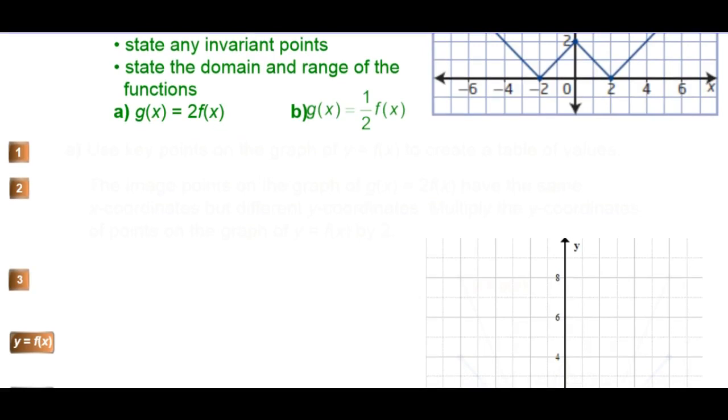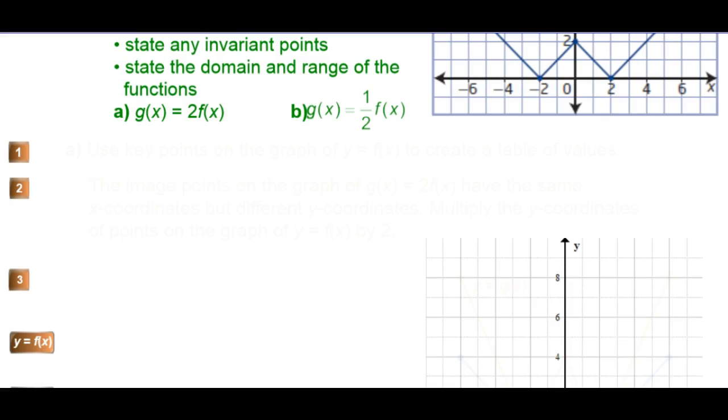My new table for this graph is going to be -6 and 8, -2 and 0, 0 and 4, and then 2 and 0, and then 6 and 8. All I did was multiply all my y points by 2.